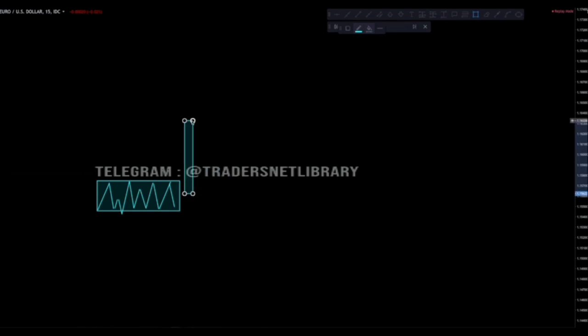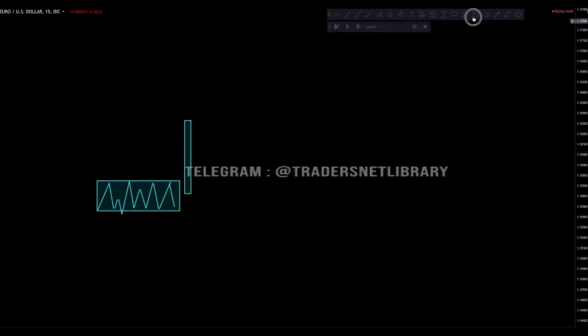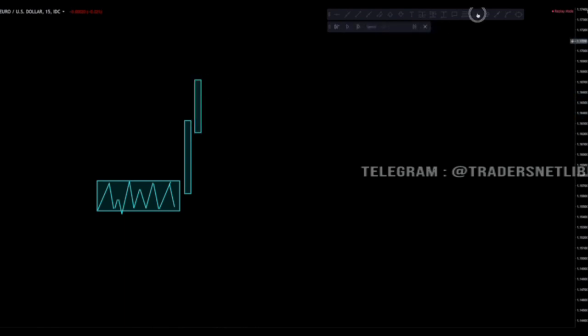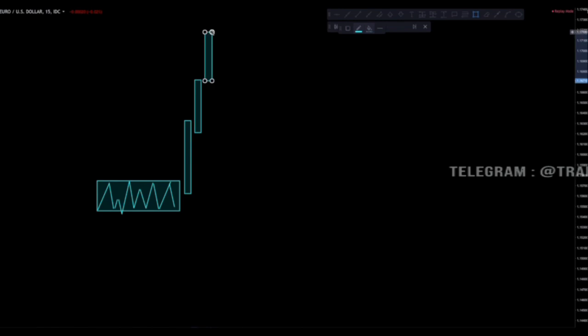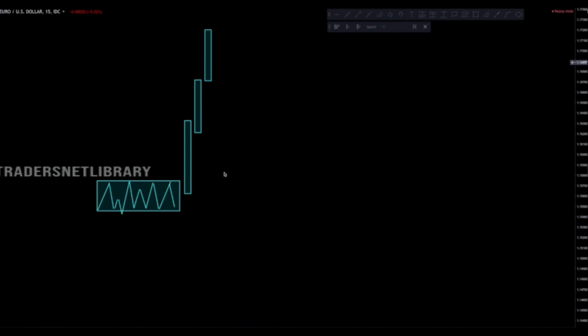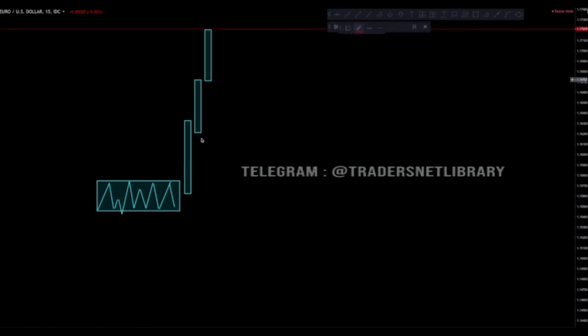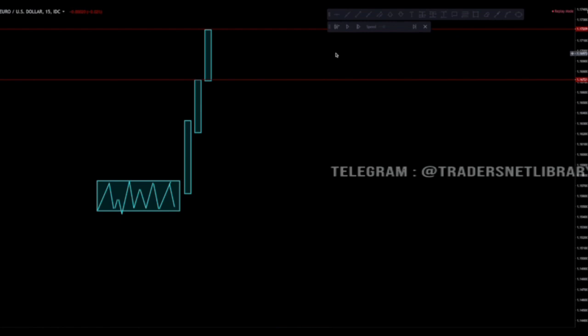It can be either up, first bar, second bar, third bar. This can take about 1 hour to 3 hours, and this is where we start marking our resistance areas and support, because it could be a future reference.